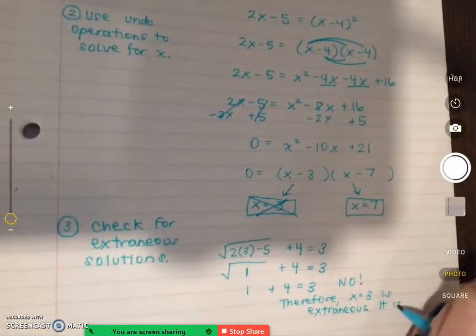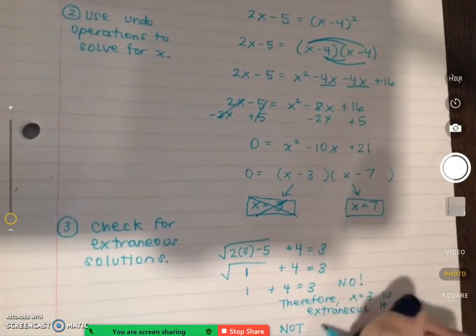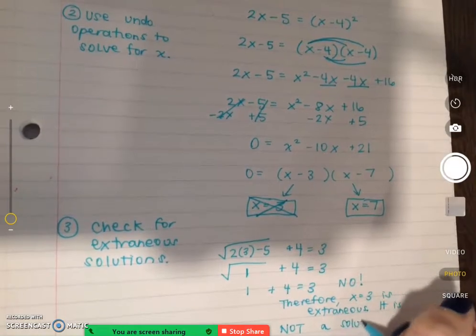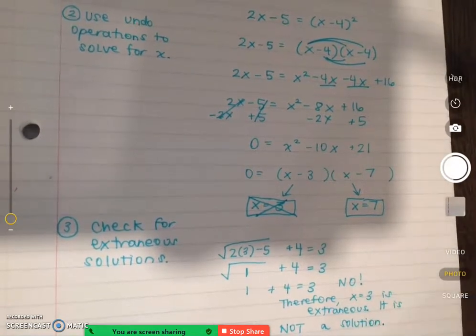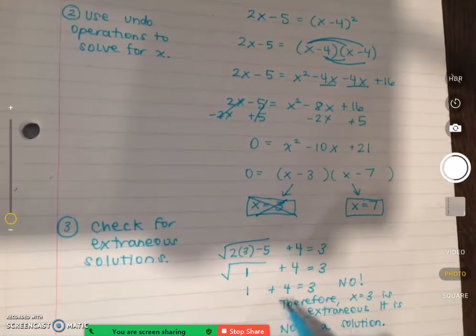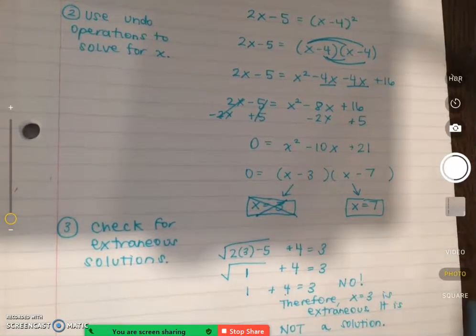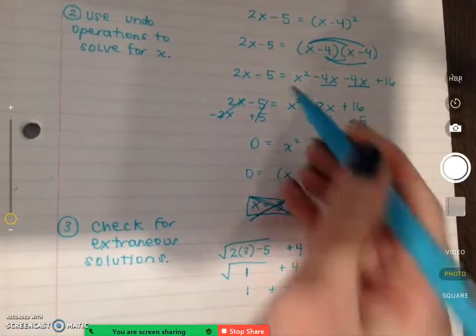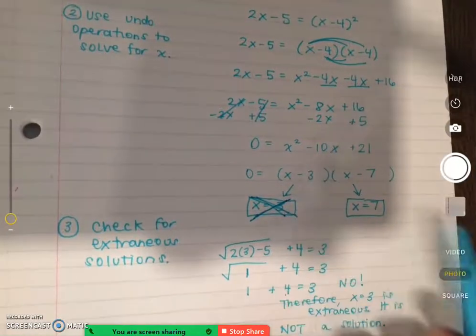It is not a solution. Now, if I could say negative 1 here, then it would be, but no. The square root of 1 is positive 1, and positive 1 plus 4 is not 3. So x equals 3, although we got this solution algebraically, it is not a solution.